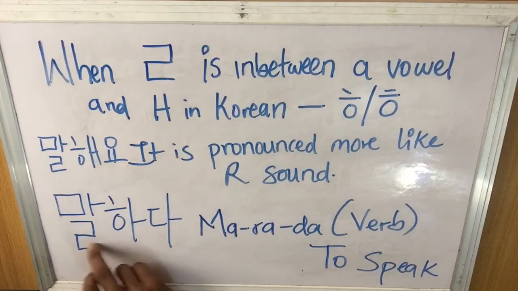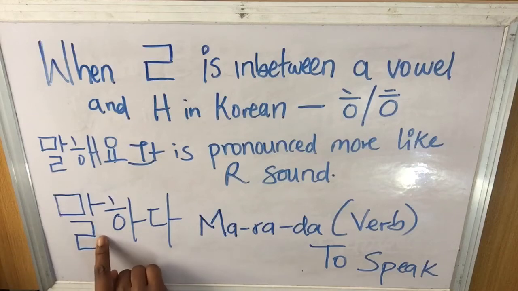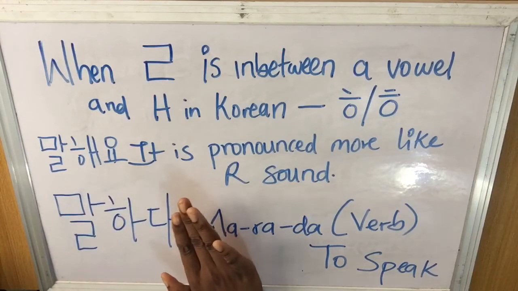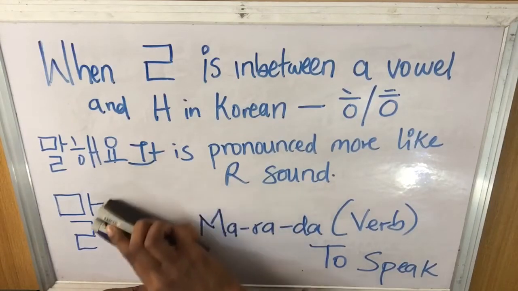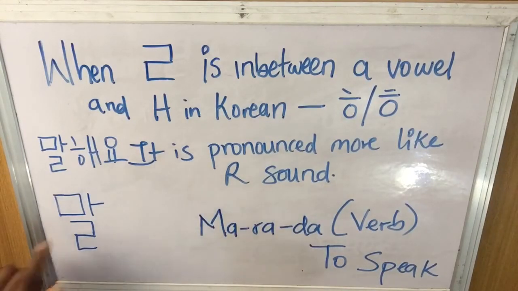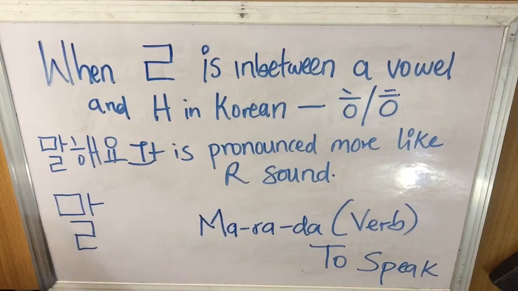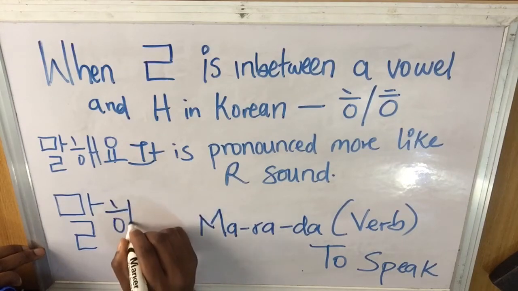So 말하다. As you guys can see, we did this in the first rule where this one was just 말 and there was nothing coming after it. When it was just 말, it was a word, and we pronounce this as an L sound because rieul ended this word. But now we have something coming after rieul, which is an H sound.